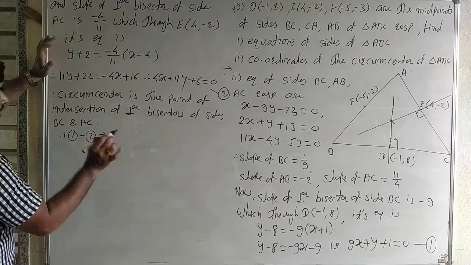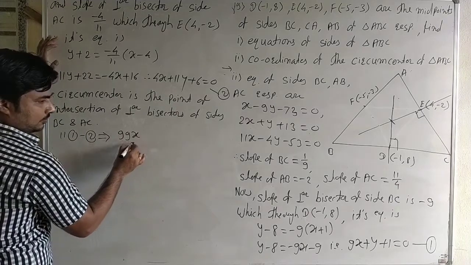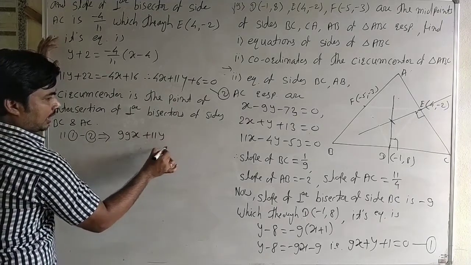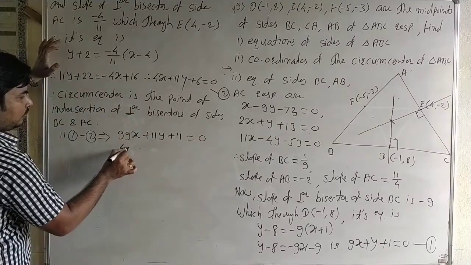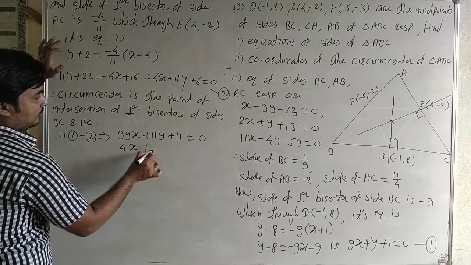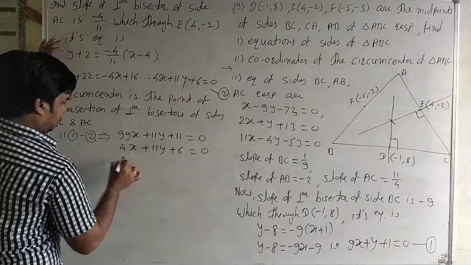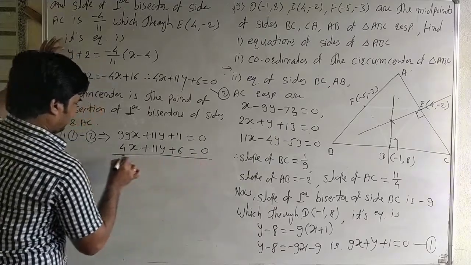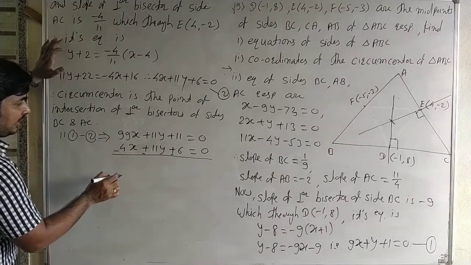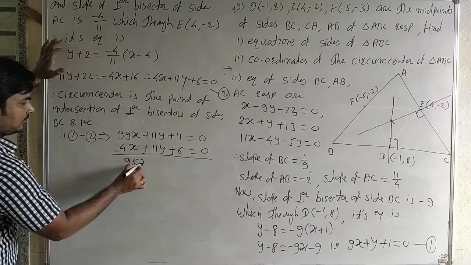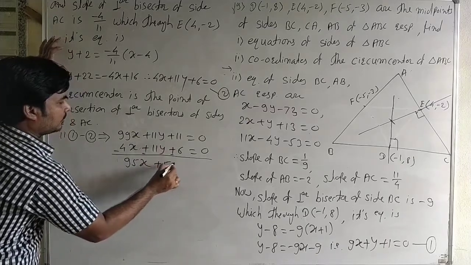See carefully: 11 into equation number 1 is 99x plus 11y plus 11 is equal to 0. Equation number 2 is 4x plus 11y plus 6 is equal to 0, and then we subtract. Now 99 minus 4 is 95. The y terms cancel and it is plus 5 is equal to 0.